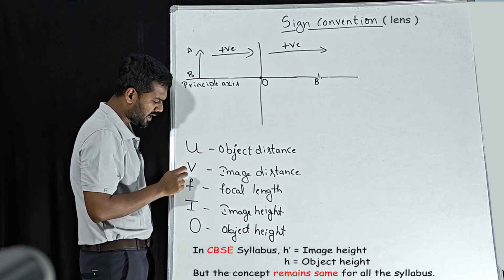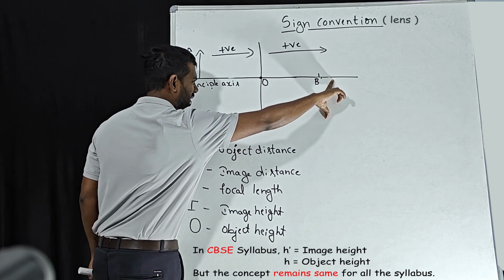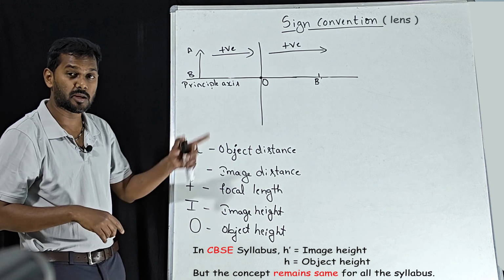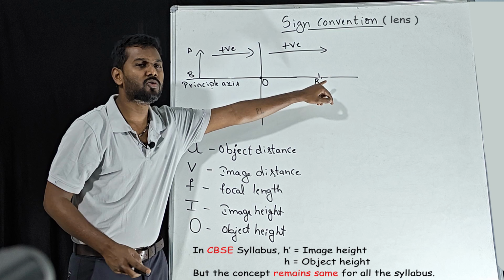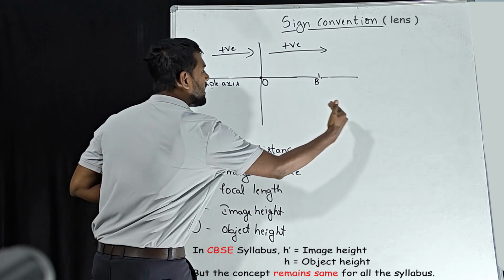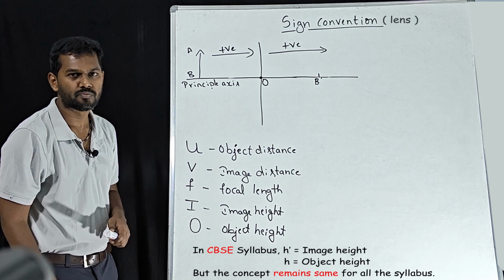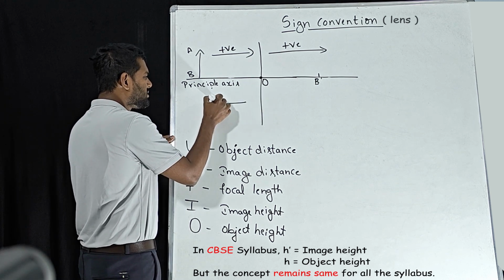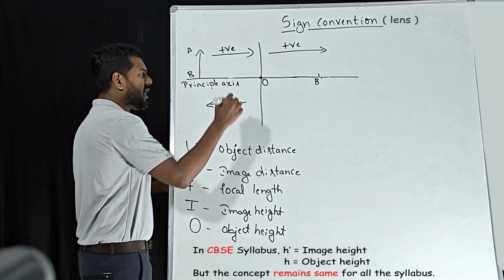Now if you get the image here, how will you calculate the image distance? That is nothing but V, from the optic center to the image, in this direction, correct? So it will become positive. Anything which is in this direction, whether this side or that side, is considered as negative.